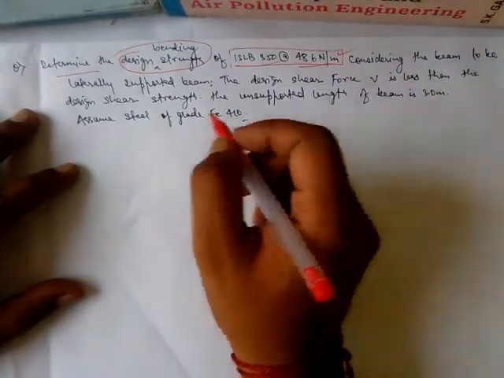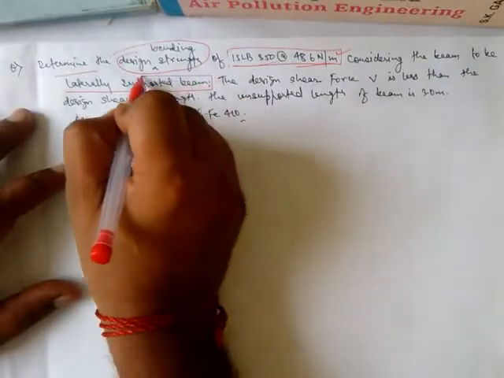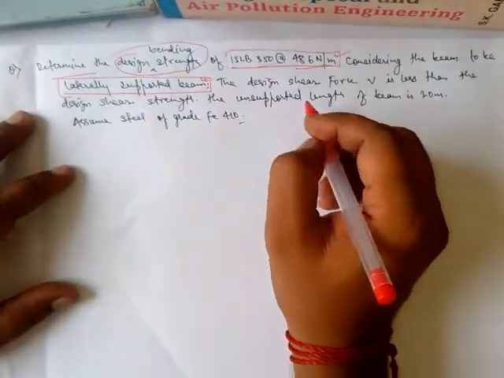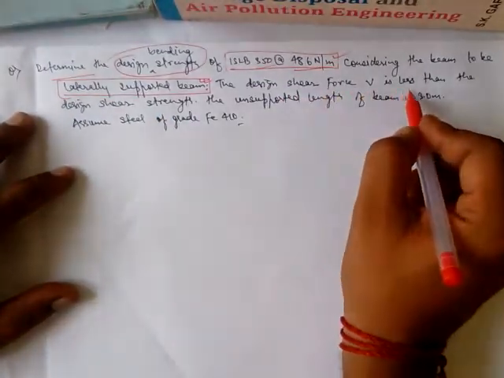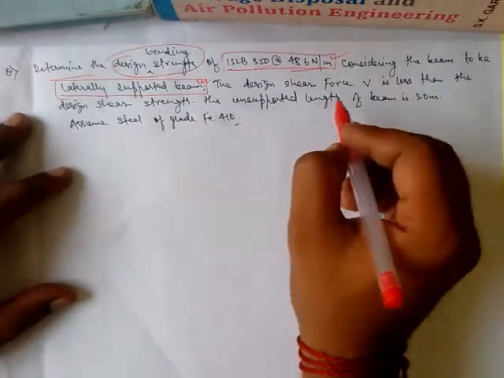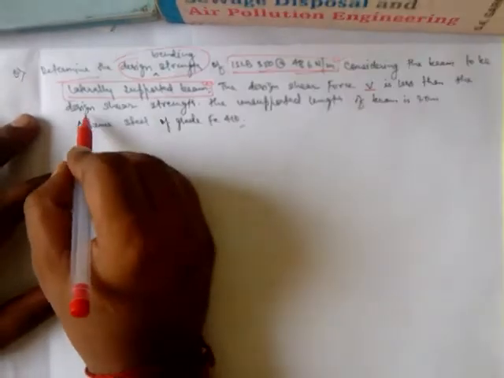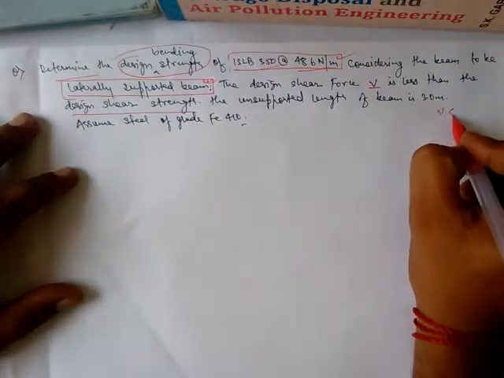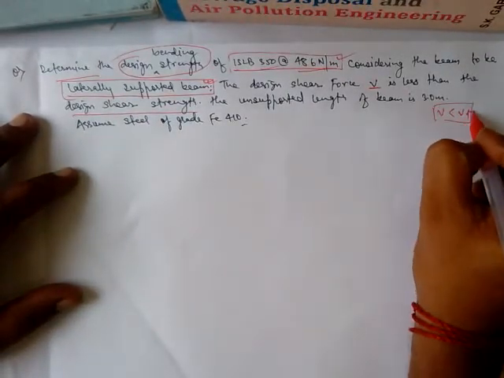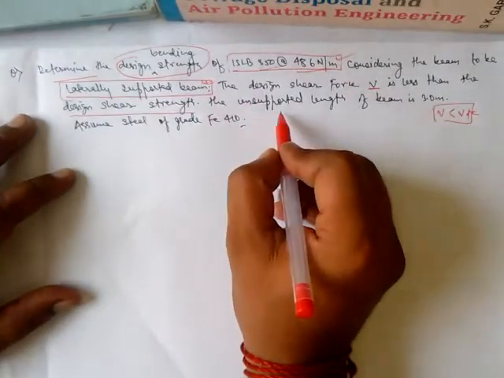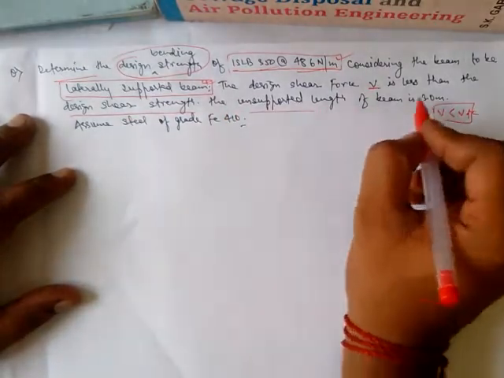Now considering the beam to be laterally supported, it is given that the beam is laterally supported. The design shear force V is less than the design shear strength, means V is less than VD. The unsupported length of beam is 3 meter.